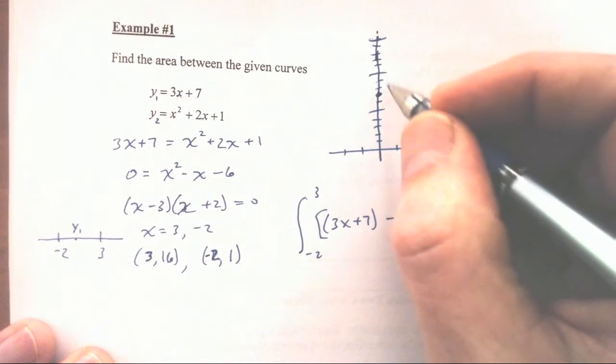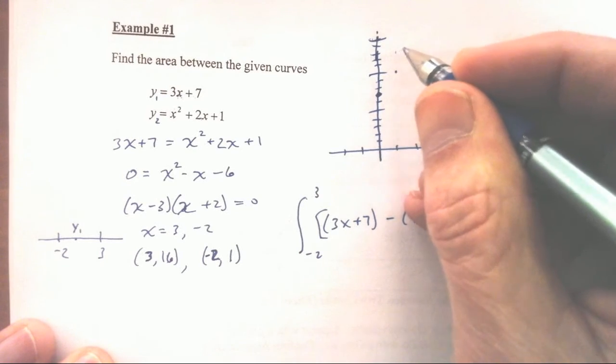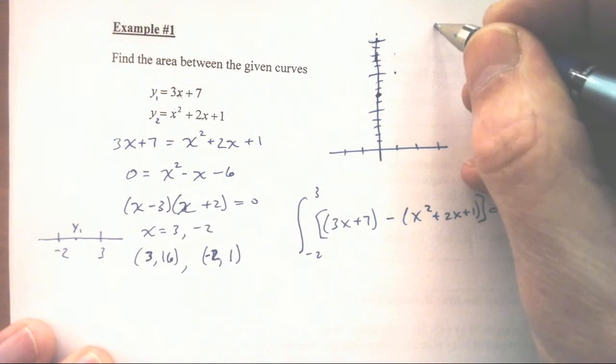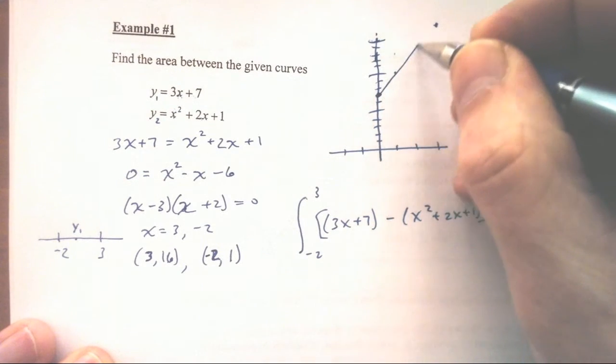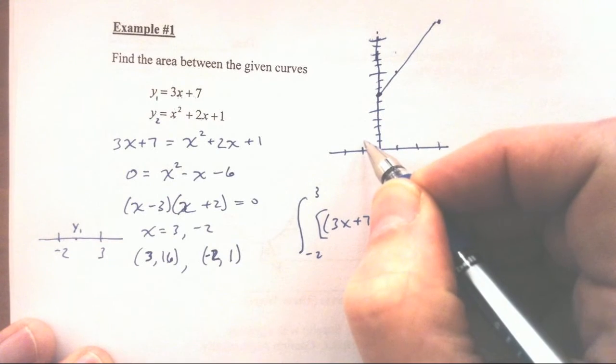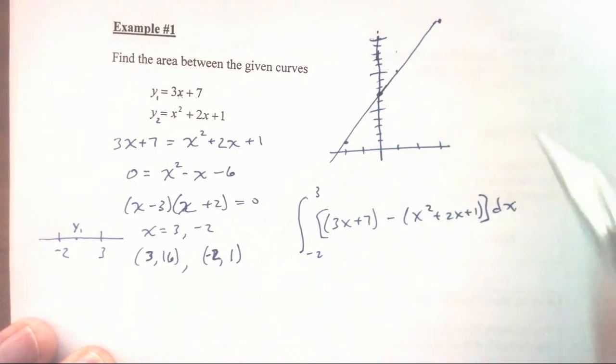From there I know it's a line: up 3 over 1, up 3 over 1, up 3 over 1, eventually up 9 over 3. And I also know it's going down 3 over 1, down 3 over 1. That gets me to this point right here. So there's our first line.